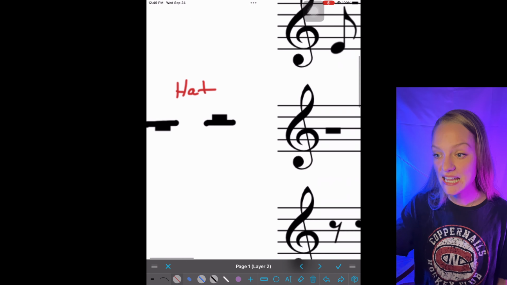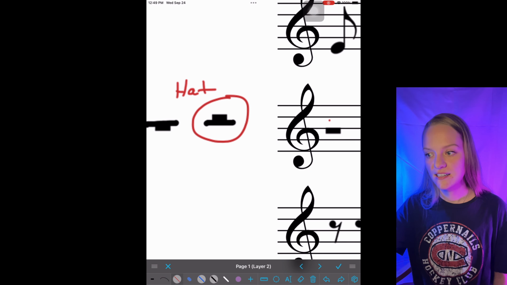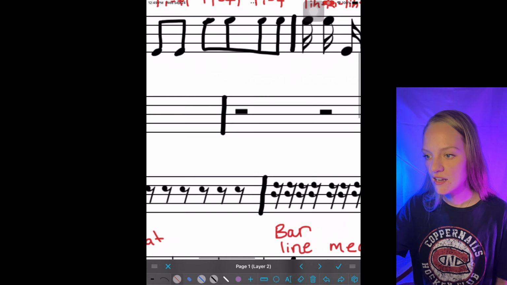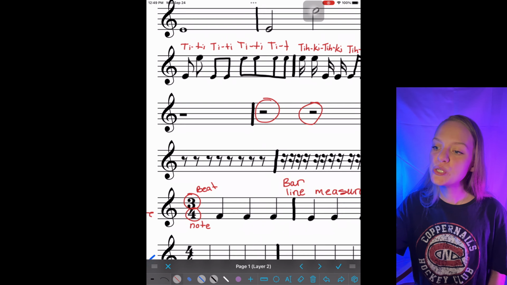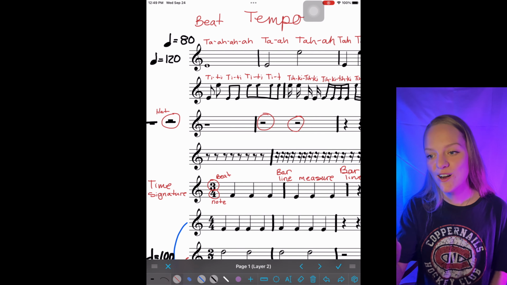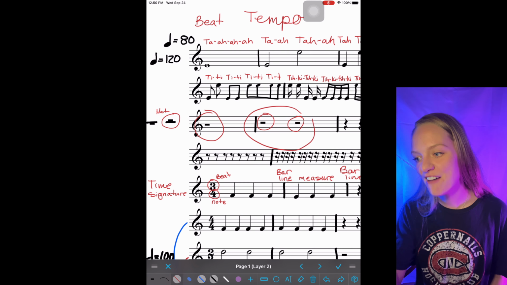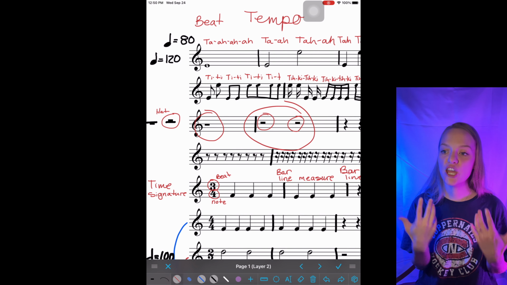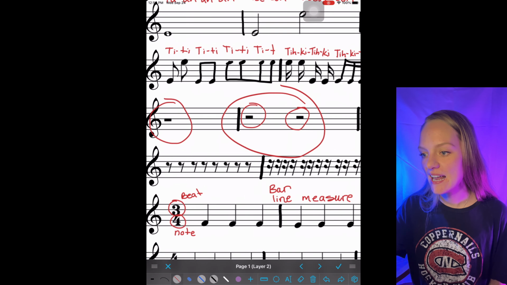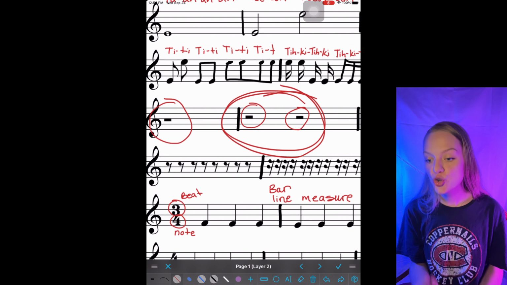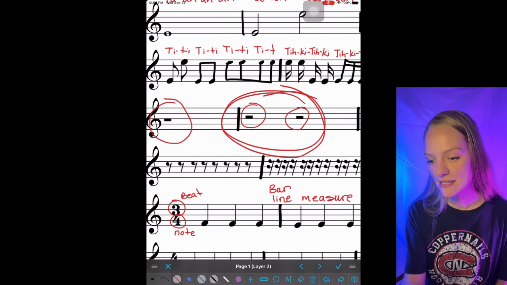If a man keeps his hat on, then he is going to stay for a shorter amount of time, okay? So your 2 types of hat rests are the whole rests and the half rests. A whole rest is the longer one. It takes up 4 beats. And a half rest is the shorter one, and it only takes up 2 beats.